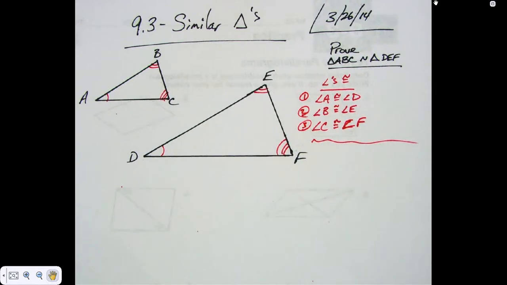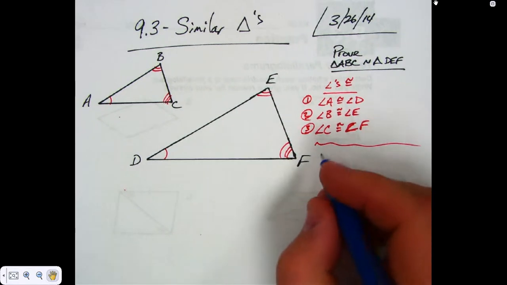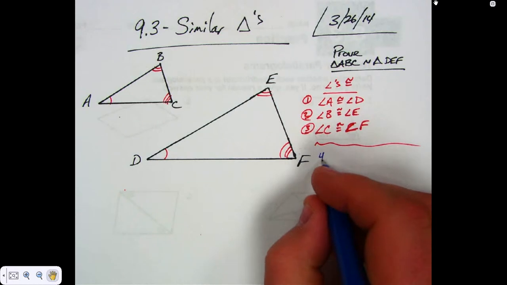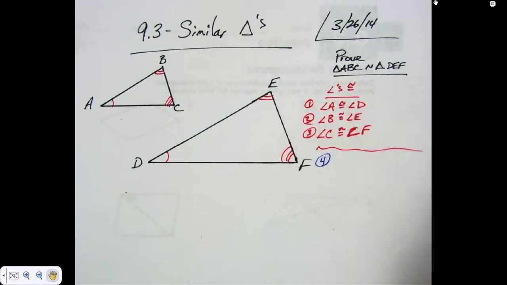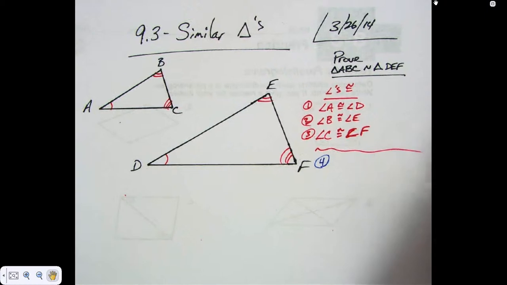And you'd actually have 3 other things you'd have to prove that these two are similar, as far as the last section was concerned. We did an example where I said you had enough information to say they're similar, and this is what I'm talking about.